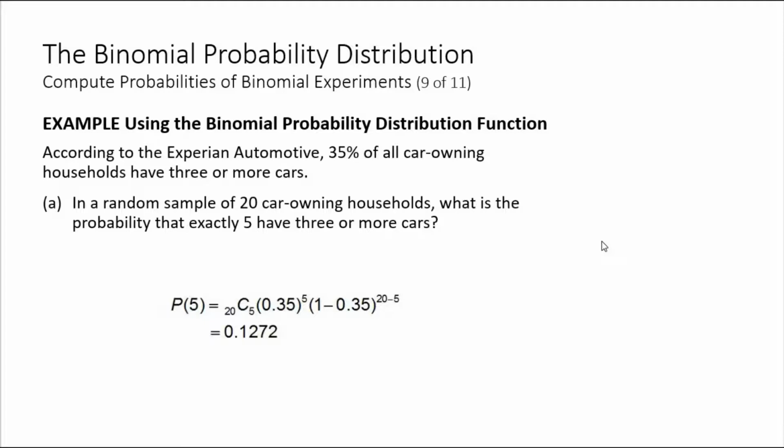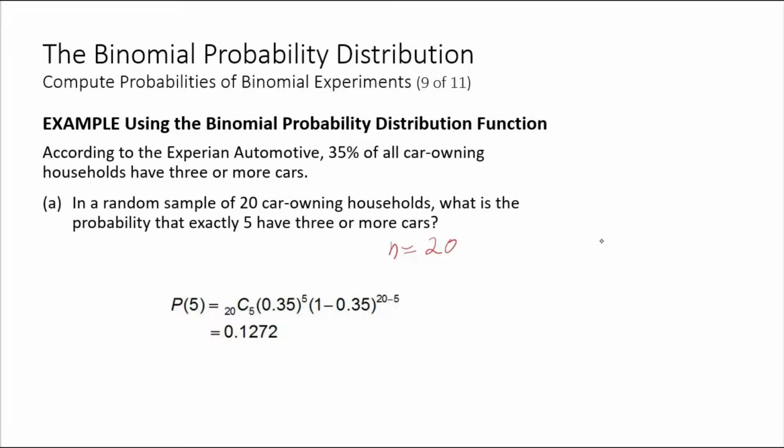According to Experian Automotive, 35% of all car-owning households have 3 or more cars. In a random sample of 20 car-owning households, what is the probability that exactly 5 have 3 or more cars? So in this case, we know that n, the sample size, is 20.